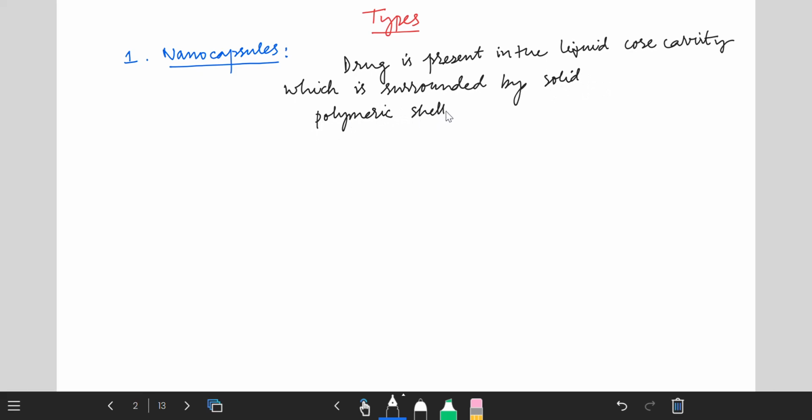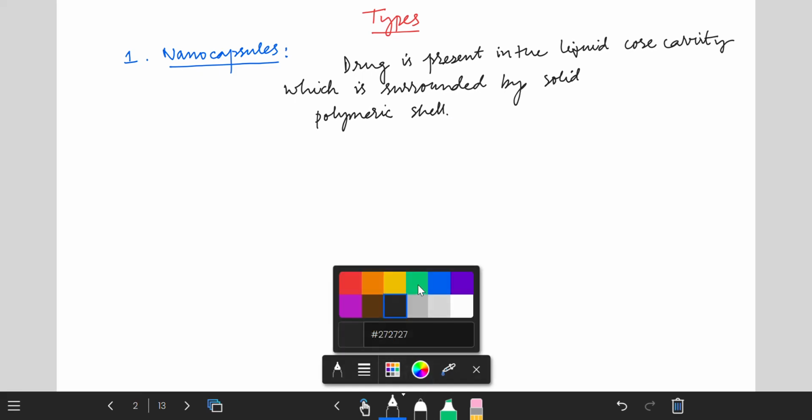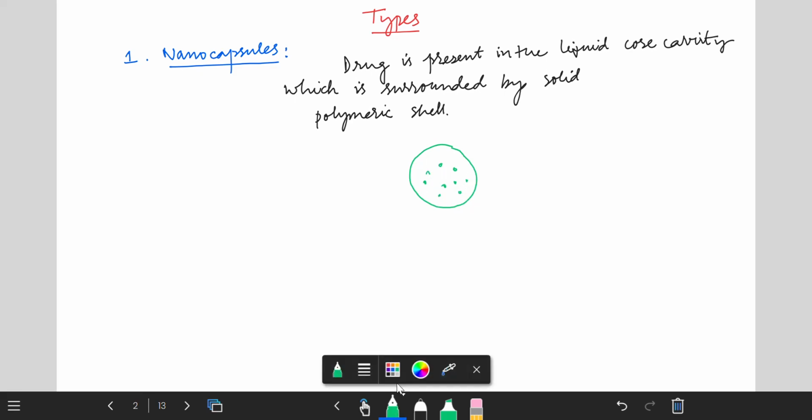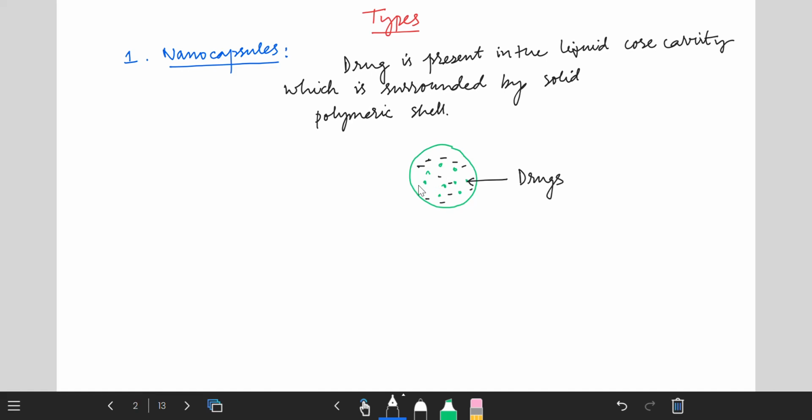Now we will understand it through a diagram. So these are the drugs present in the liquid core cavity. Okay, this is the liquid core cavity and it is surrounded by a polymeric shell, which is solid.